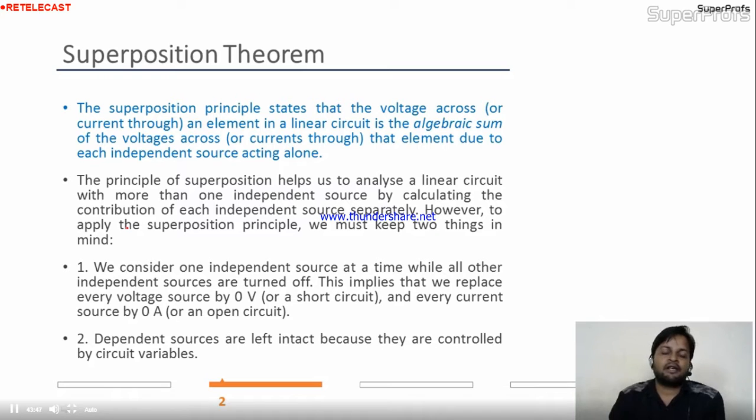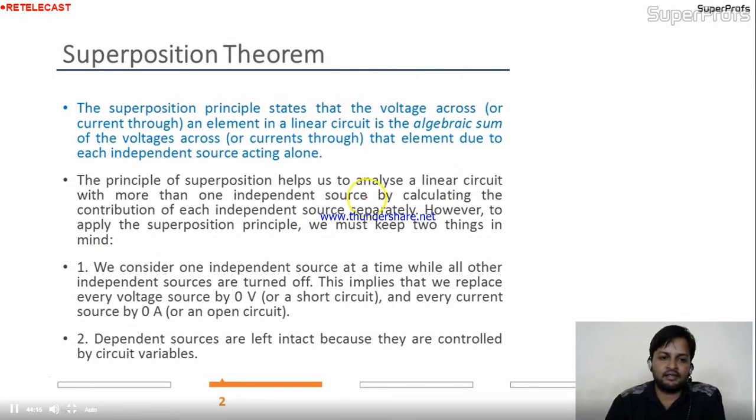That particular current in that branch will be nothing but the summation of all currents provided by the individual sources. Is it okay? Voltage source is providing some current into that branch. Current source is providing some current into that branch. And the overall current in that branch is nothing but the summation of the currents provided by the individual sources. This is nothing but the superposition theorem.